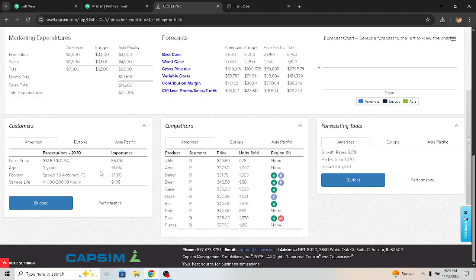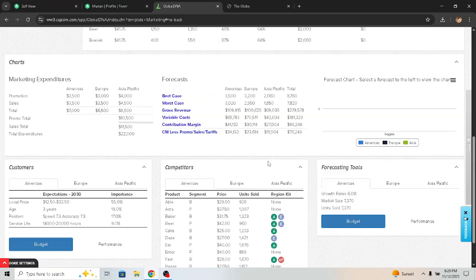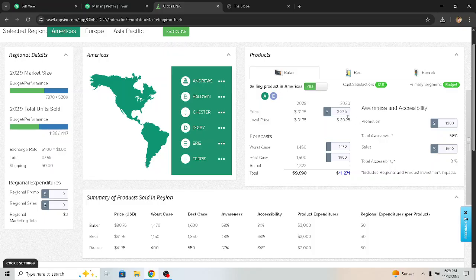So we are going to put something close to 32.5, slightly below it to favor our customers. We are going to give it a pricing of $30.75. From there, we'll give it a promotion budget of $1,500 and a sales budget of $1,500. In this round, we are not going to make any expenditures in the regional sales and promotion budgeting.